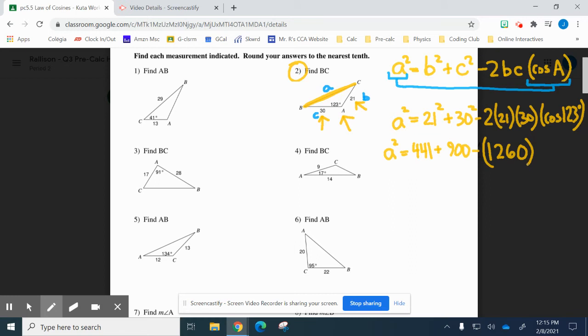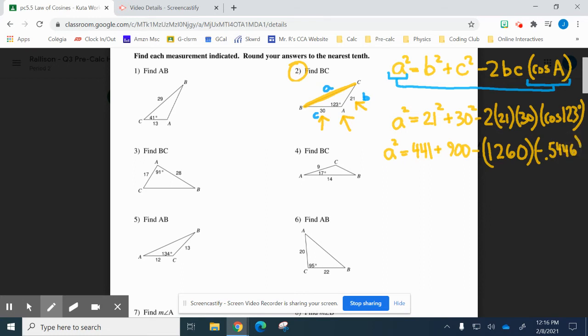So the cosine of 123 degrees is negative 0.5446. We'll just stay with 4 decimal places, just because that's kind of a good rule of thumb.